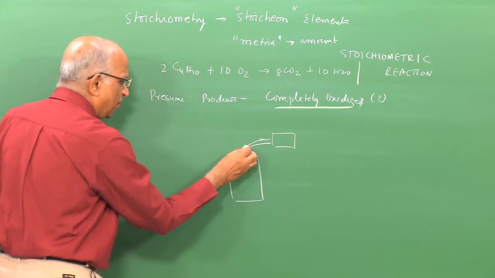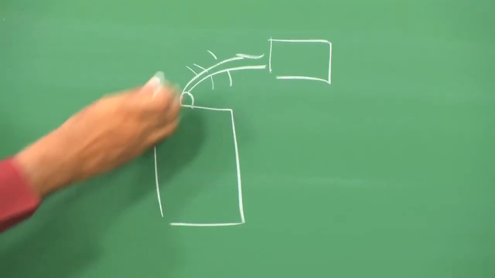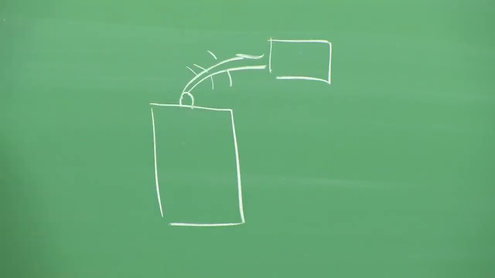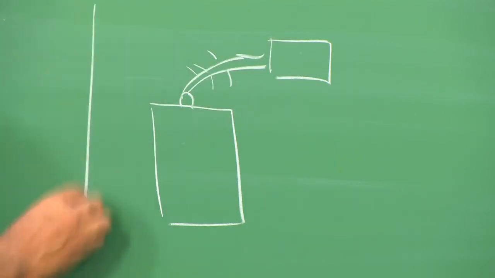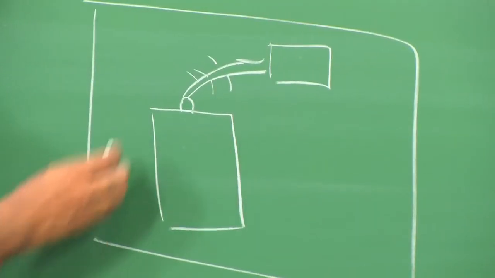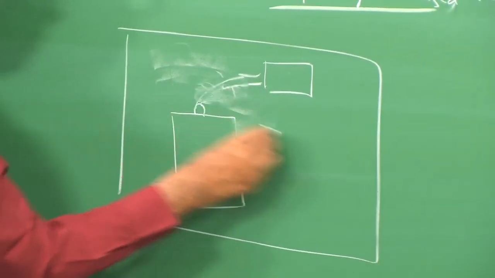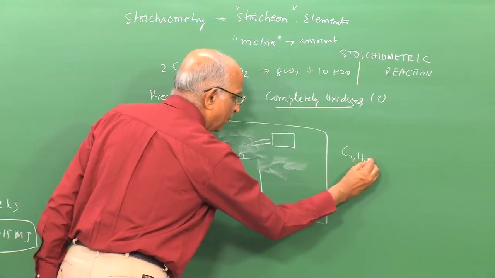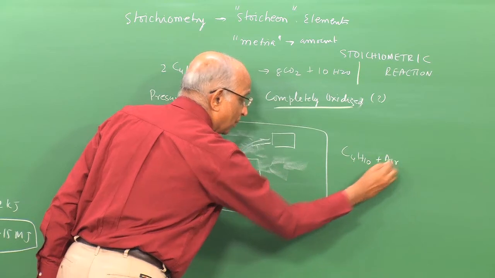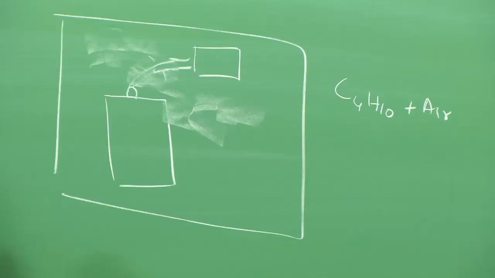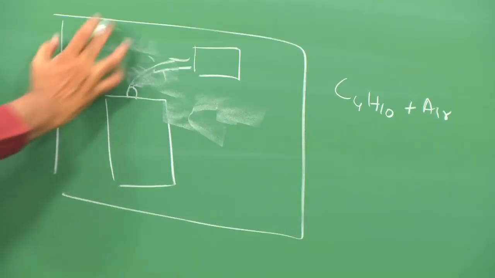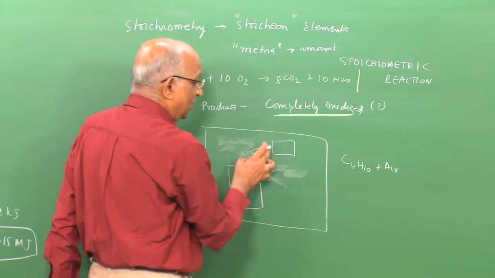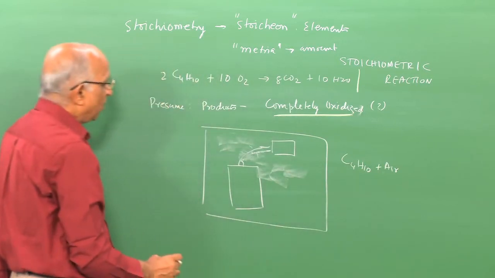Suppose there is a leakage from the pipeline, the cylinder or your stove, and in the kitchen which has a certain volume, I collect a mixture of C4H10, which is butane, plus air, it is not oxygen. In practice, whenever a fuel gas leaks and forms a mixture, it is not C4H10 with oxygen, but C4H10 with air. Therefore, how do I modify?